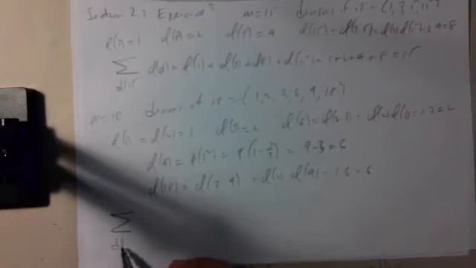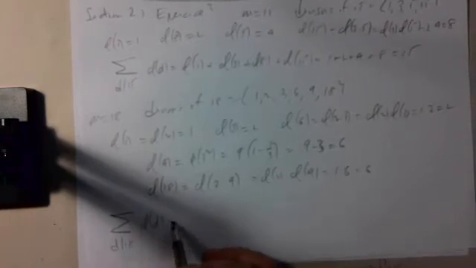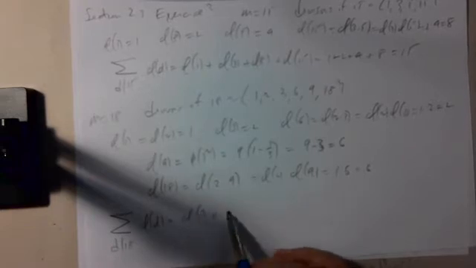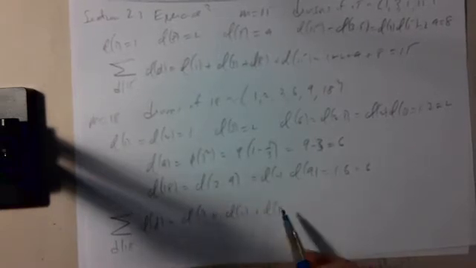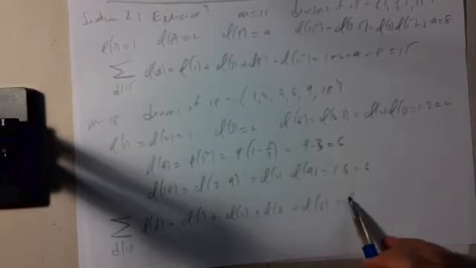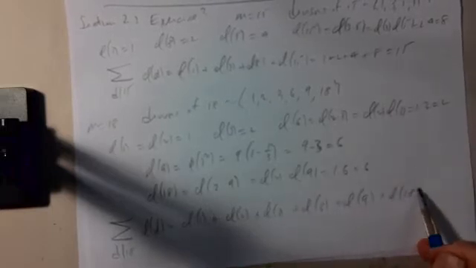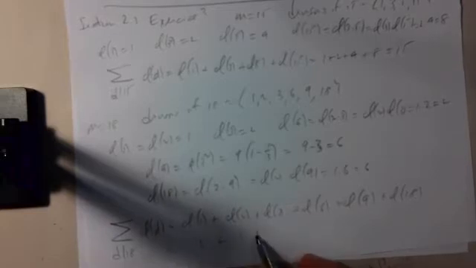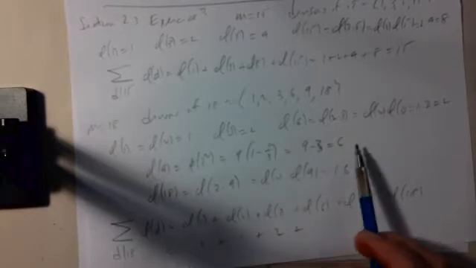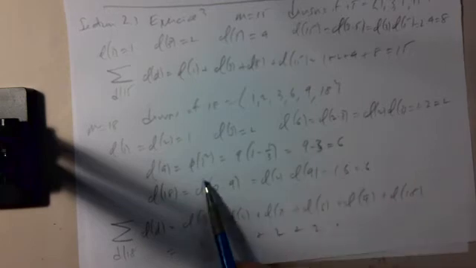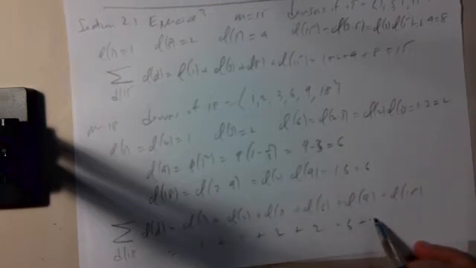So if we sum over all the divisors of 18, phi of d, that's phi of 1 plus phi of 2 plus phi of 3 plus phi of 6 plus phi of 9 plus phi of 18. That's 1 plus 1 plus 2. Phi of 6 is 2. Phi of 9 is 6. And phi of 18 is 6. This is 1 and 1 is 2, 4, 6, 12. Lo and behold, it's 18 again, just what it's supposed to be.